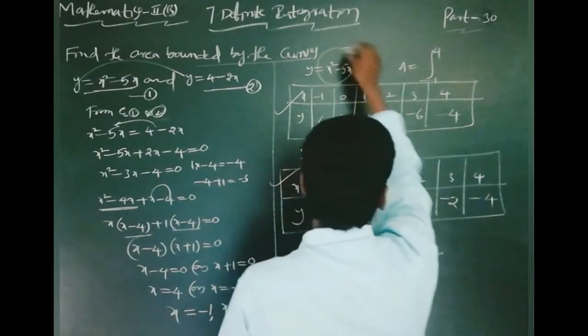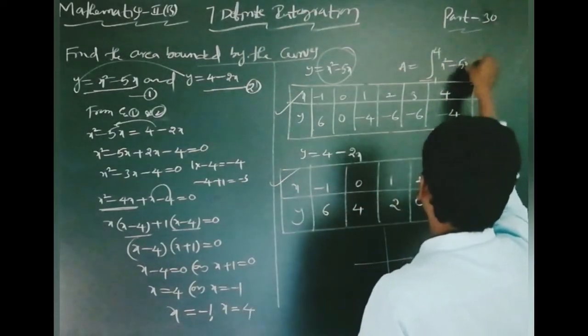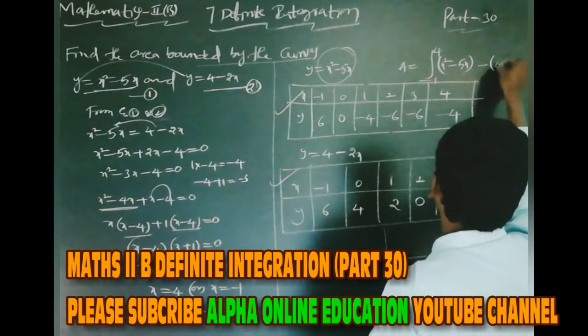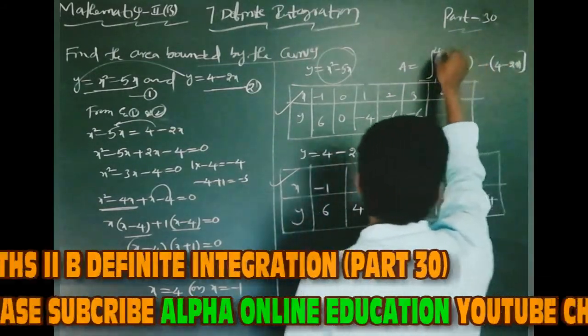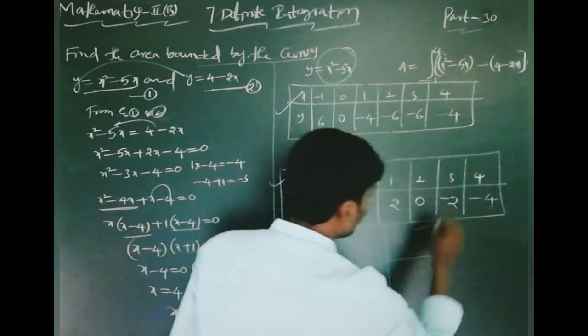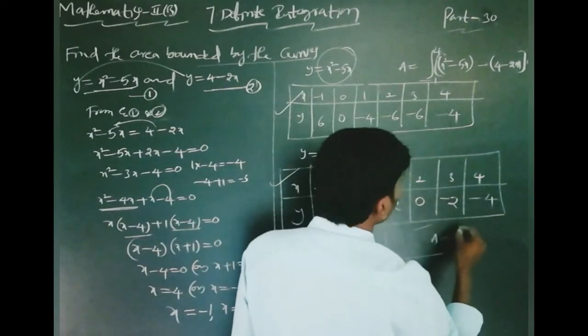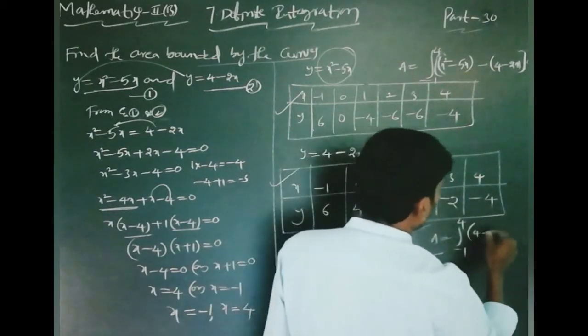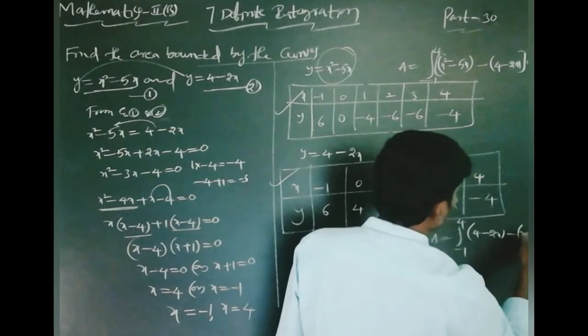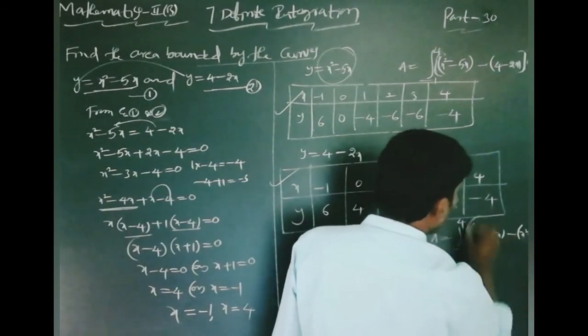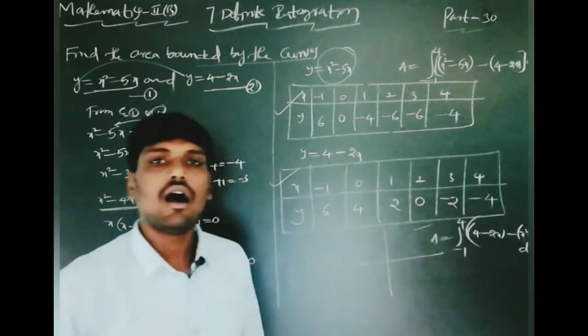Suppose this one is greater, you can write x square minus 5x minus of 4 minus 2x all dx. Suppose this one is greater, you can write A is equal to integral -1 to 4, 4 minus 2x minus of x square minus 5x all dx. This one is the answer.